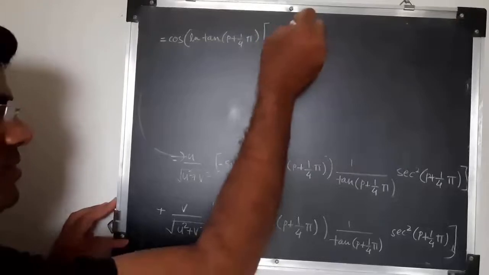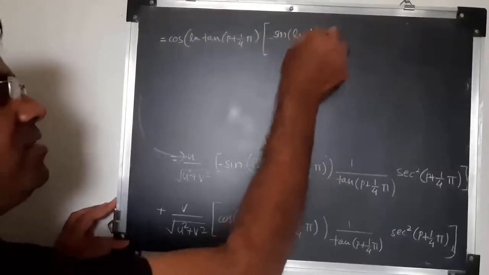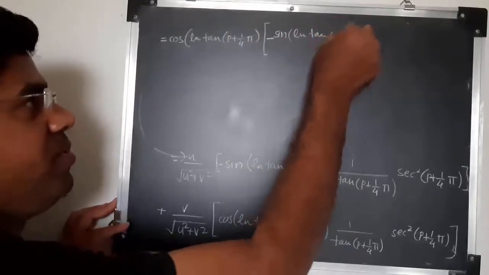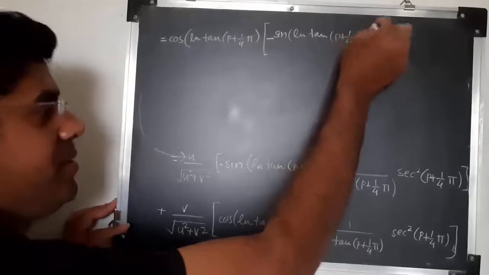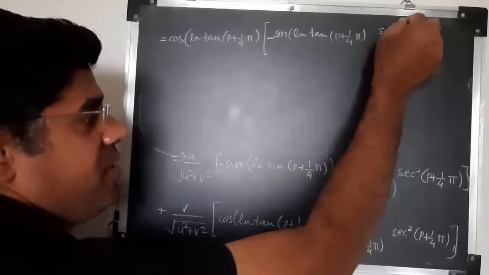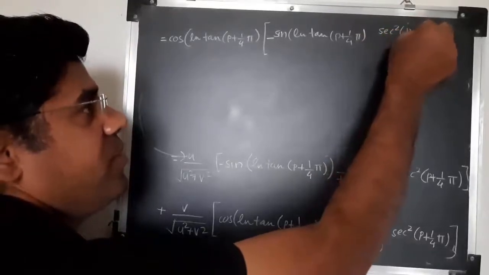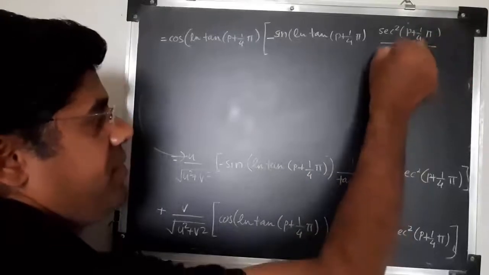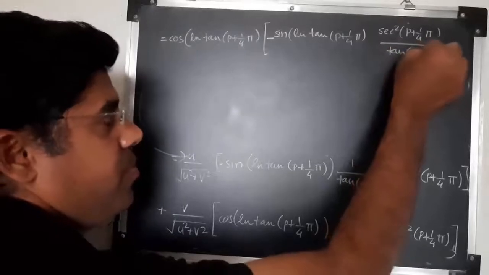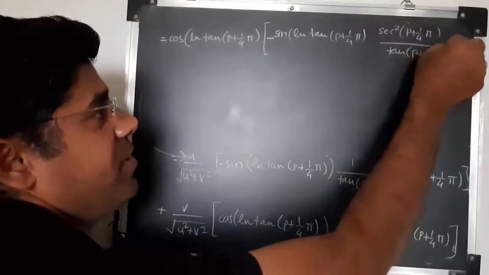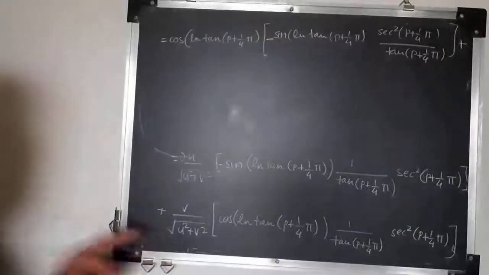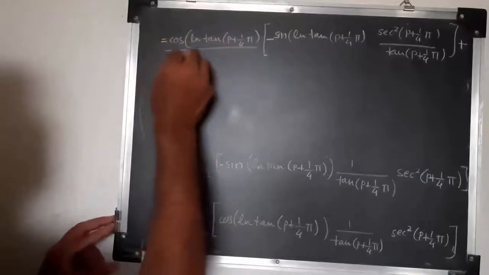This is sine of ln, this is minus, p plus 1 by 4 times pi, divided by, this is sec square p plus 1 by 4 times pi divided by tan of p plus 1 by 4 times pi, same term, plus v. Okay, so here under root of that term is there.